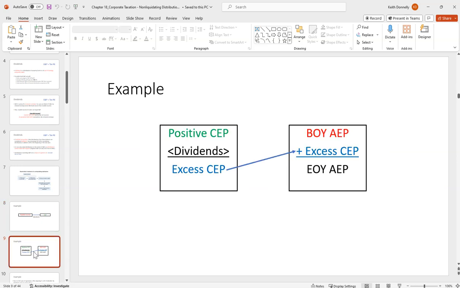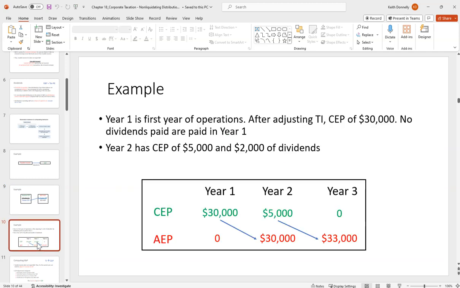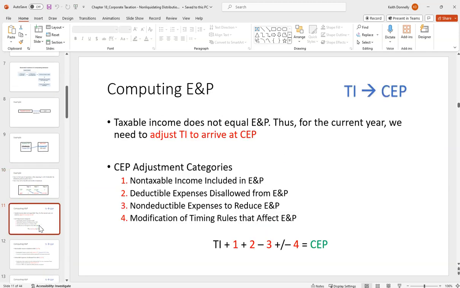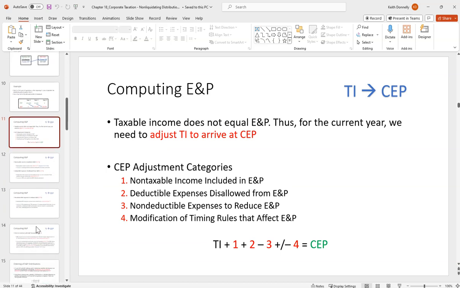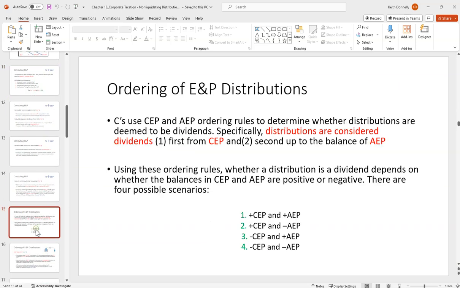We said there's a relationship and a roll forward between CEP and AEP from year to year. We talked about the adjustments you make to get from taxable income to E&P.